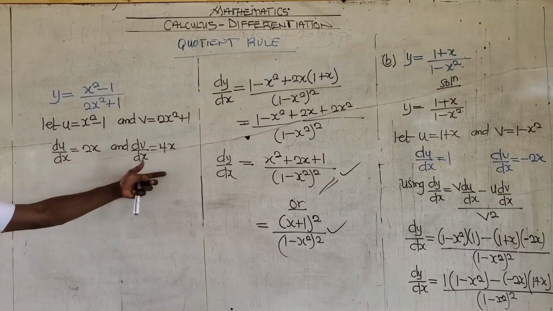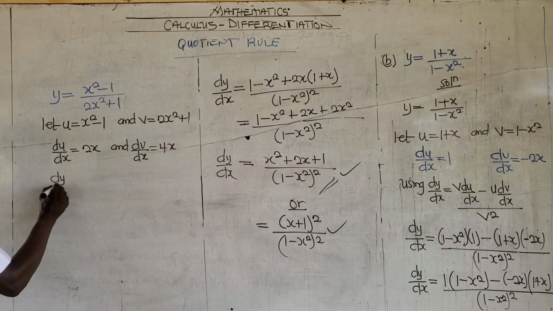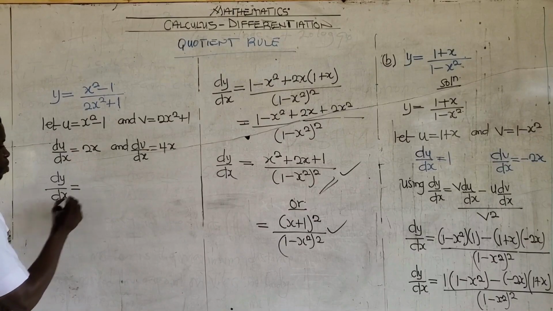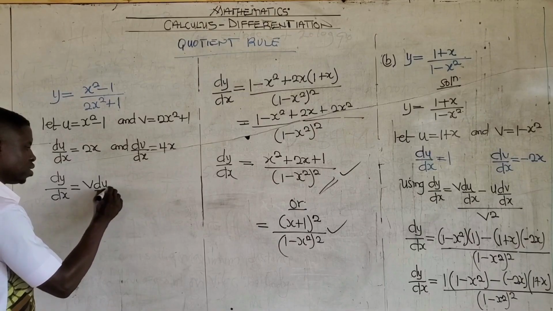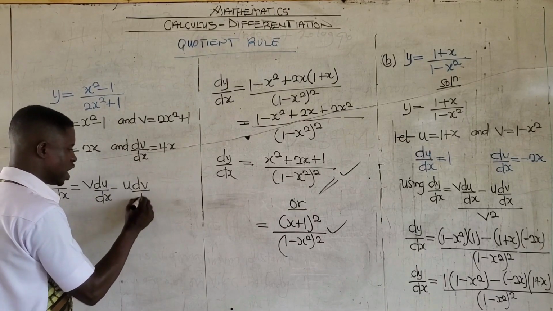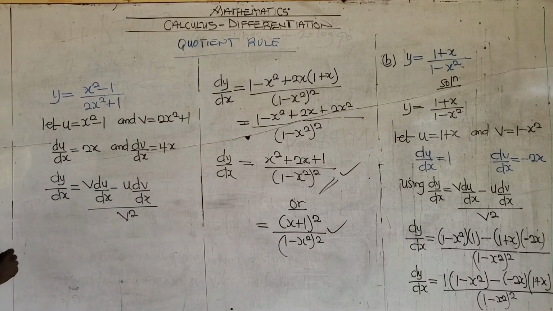After the differentiation is done, the next thing I'm going to do is to quote my quotient rule. The rule is that dy over dx is equal to v du over dx minus u dv over dx, all over v squared.